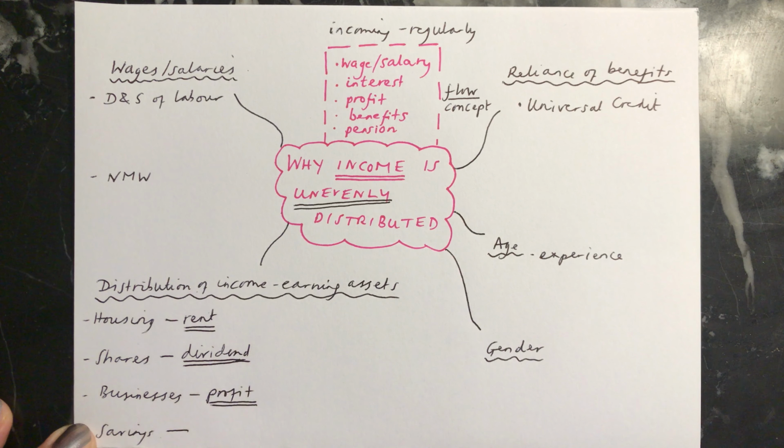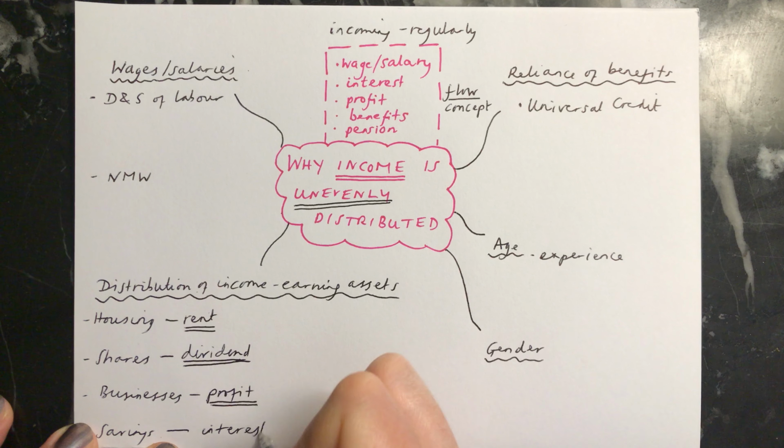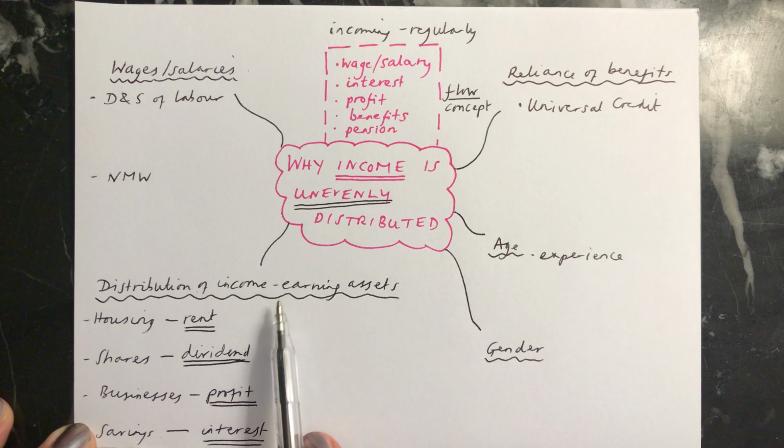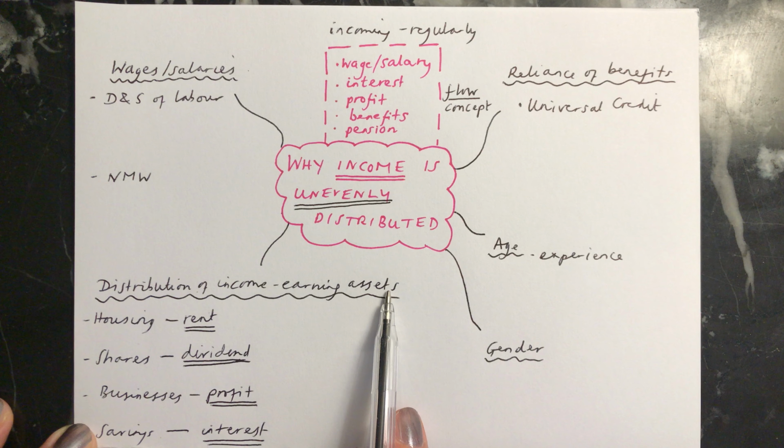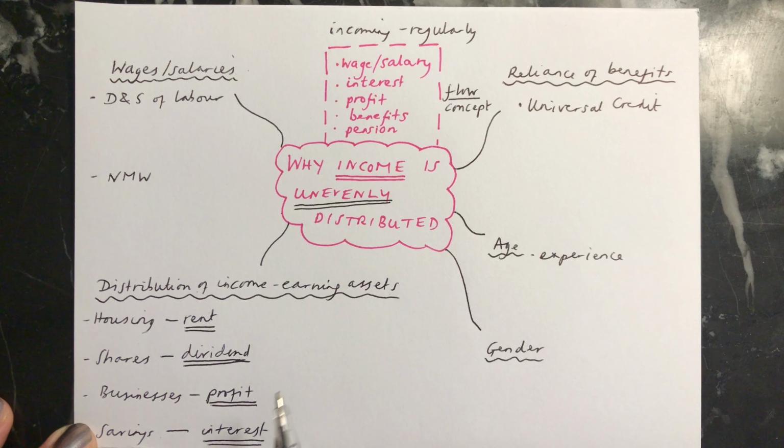And finally, if you have enough money to have savings in the bank, when you earn interest every month on your savings, that is another form of income. So therefore, some people who hold on to these assets are able to earn more income, which makes the income even more unevenly distributed.